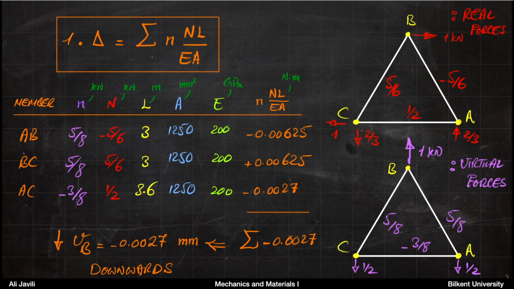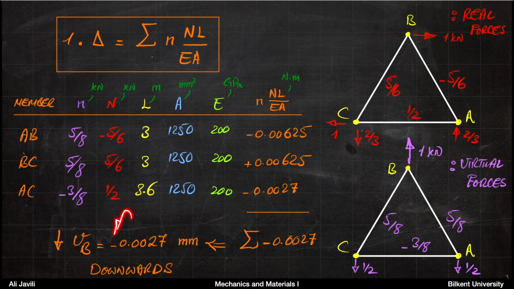And by equating that with the left-hand side, you can calculate the vertical displacement of point B as minus 0.0027 millimeters. Now, pay attention.